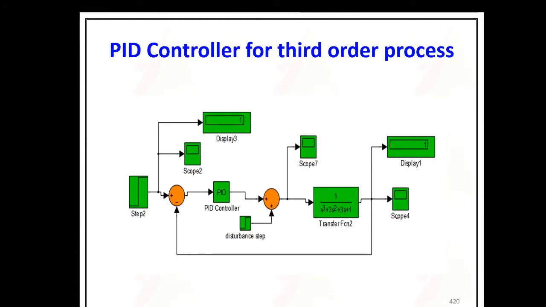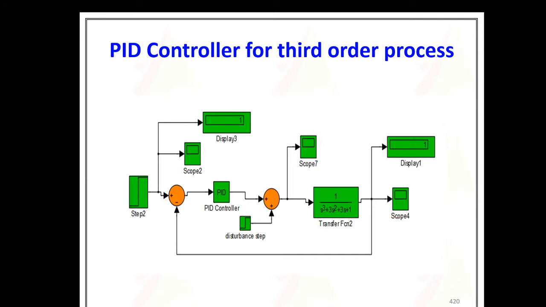If you want to design controllers for a general transfer function, you have the model. If you want to find the controller transfer function, the well-known one is the PID controller. Apart from that, there are so many conventional controllers available.